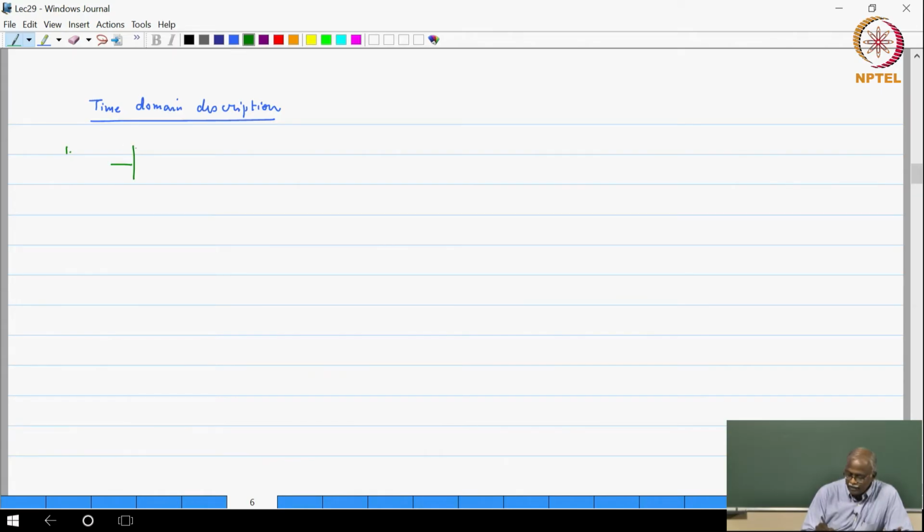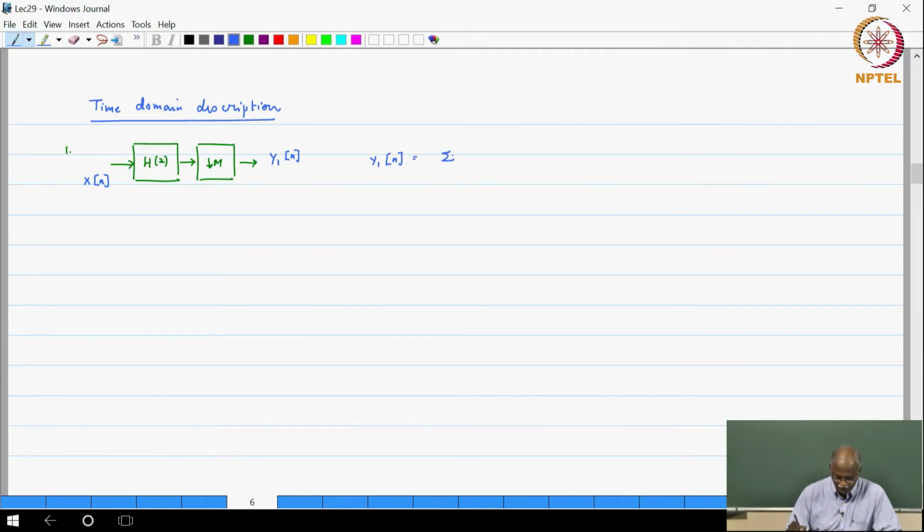So, if I have the anti-aliasing filter H of z followed by a downsampler by a factor of M, and this was x of n and this is y1 of n, we have shown that y1 of n can be written as summation k equal to minus infinity to infinity x of k h of Mn minus k.